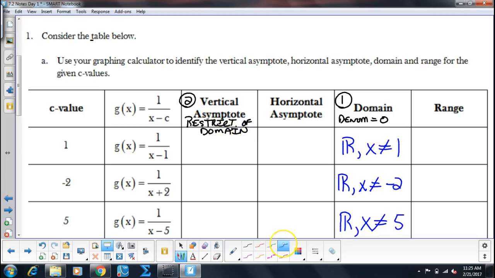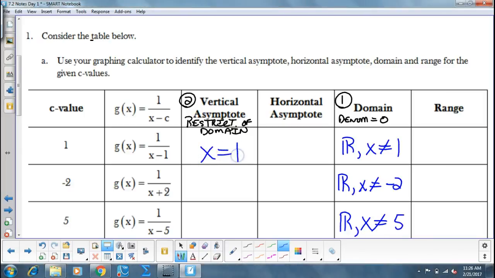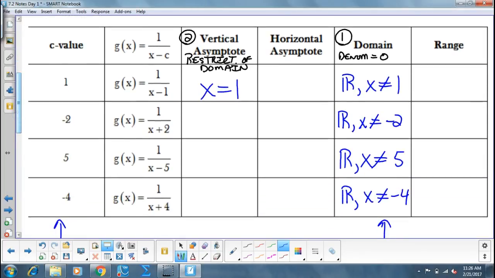So, what is the first vertical asymptote? x equals 1. Second one, x equals negative 2.